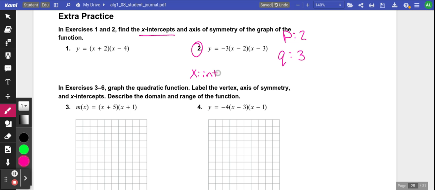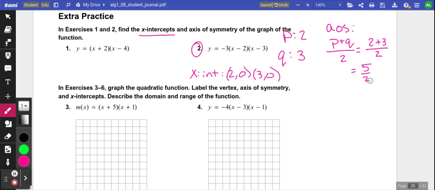So my x-intercepts are going to be 2, 0, and 3, 0. Okay, my axis of symmetry, remember that's P plus Q divided by 2. So 2 plus 3 divided by 2. I'm not going to simplify that any more than that. 5 halves.